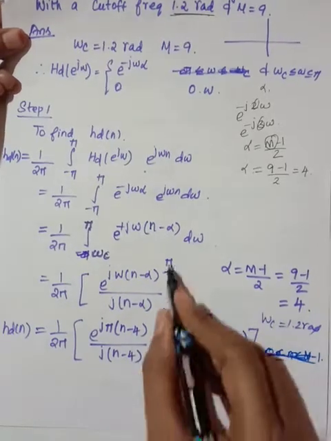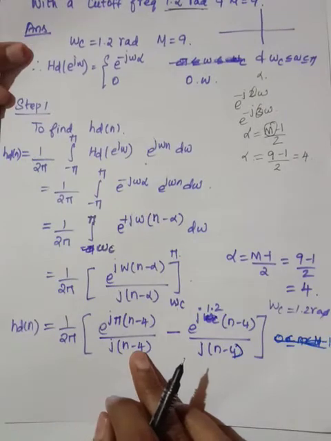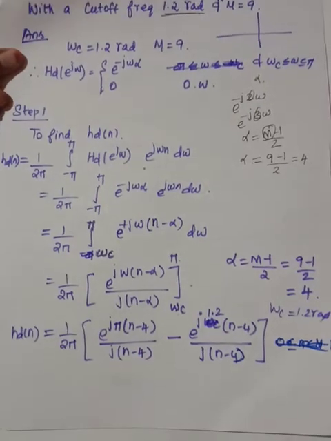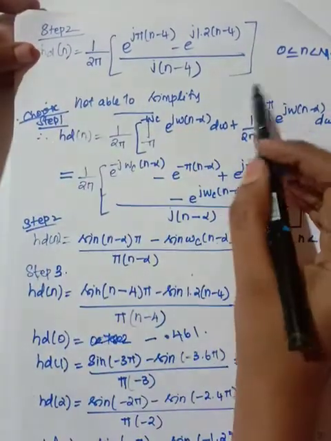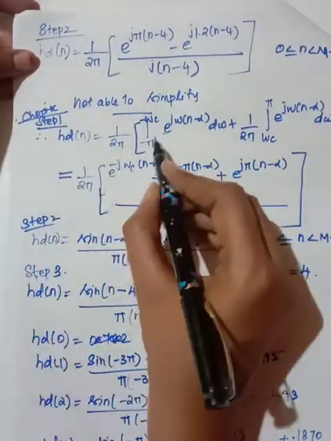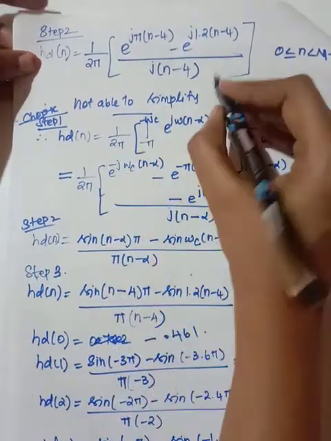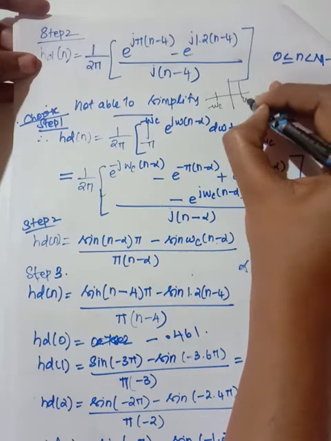So in this case, when I substitute the limit, I am getting like this. So here I am not able to simplify this answer. So what I am going to do is consider both the sides, that is minus omega c to plus omega c.